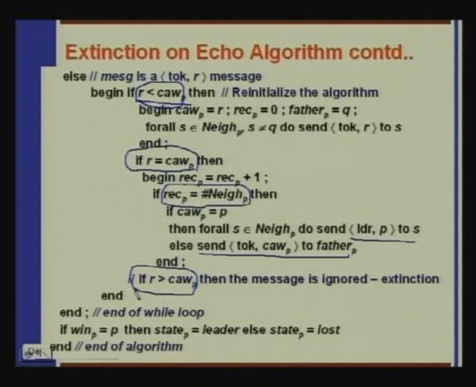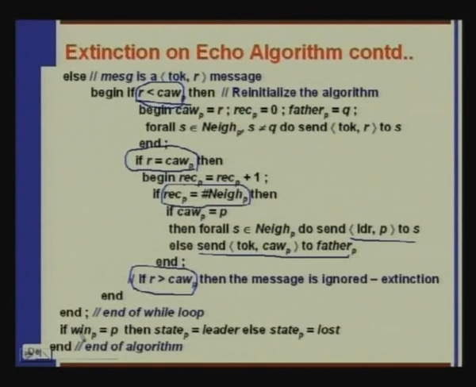So, you have got a token message for a wave which is worse than the current active wave, then we simply ignore the message, and that is how extinction applies. You just throw away that token message, you do not propagate the wave. If you do not propagate the wave, it will not terminate. So, this is the third thing, the extinction. Then the wave R becomes extinct.